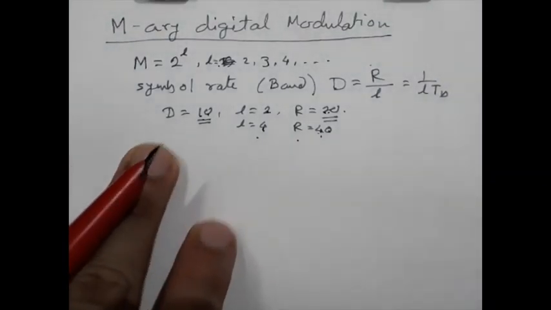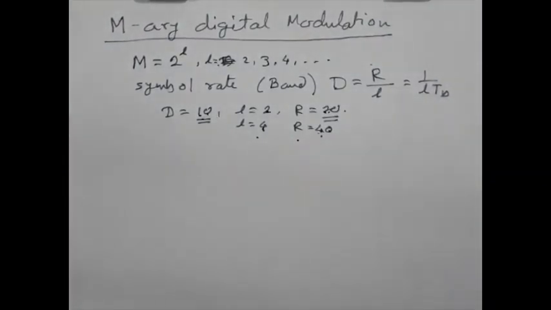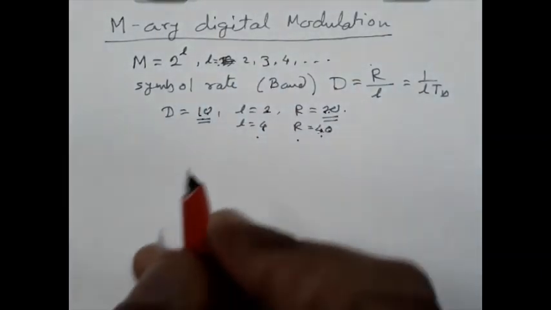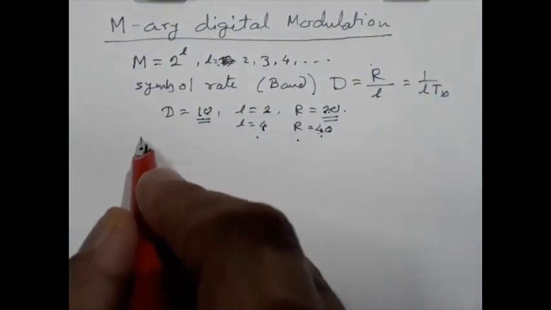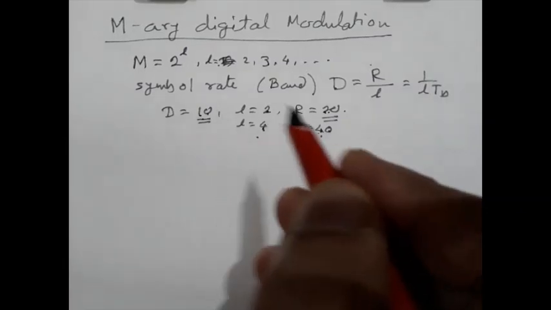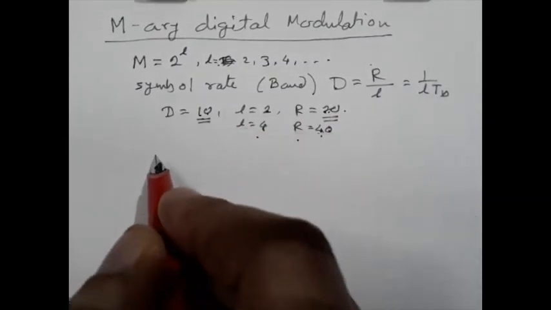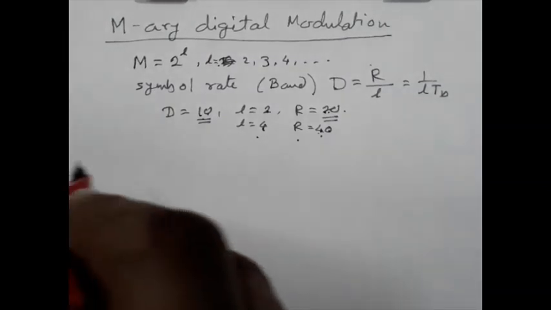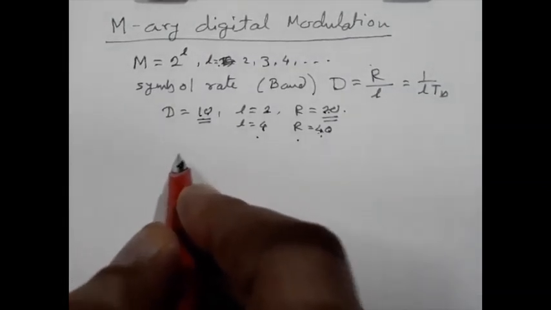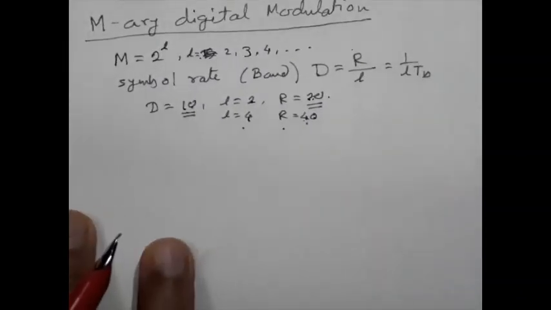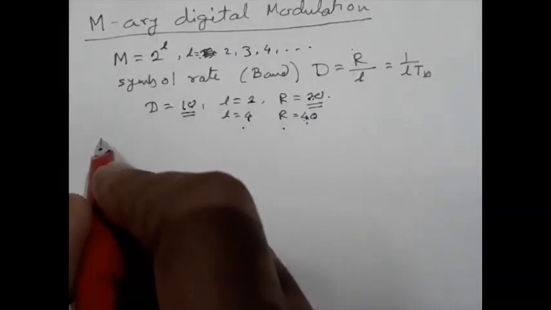That is the biggest advantage of this M-ary modulation system, and it will enhance the spectral efficiency of the modulation scheme. Now, to understand this M-ary digital modulation scheme, first we will try to understand quadrature phase shift keying.